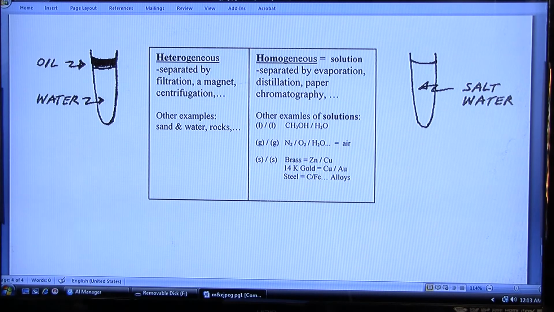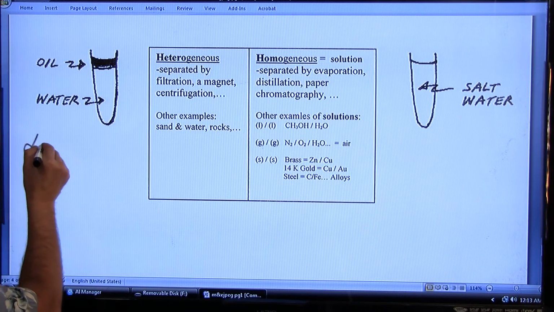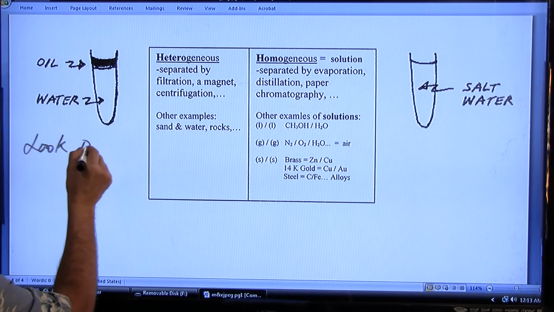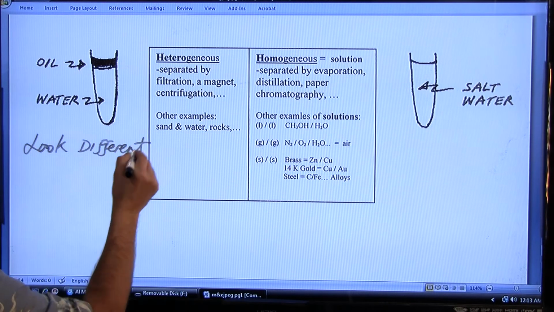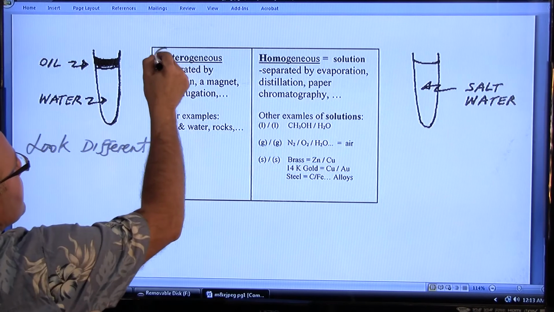When you look at a sample of oil and water, you can tell the oil apart from the water, because the oil doesn't dissolve in the water. Some people say they don't mix. Well, technically they do mix, but when they mix, because they look different, we would say that oil and water is a heterogeneous mixture.